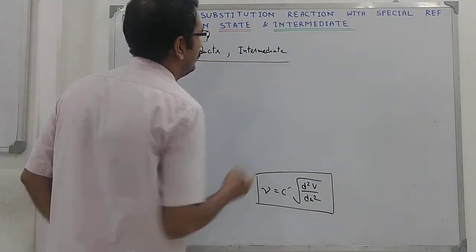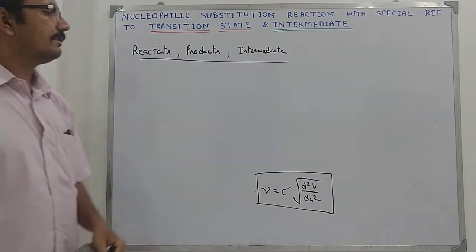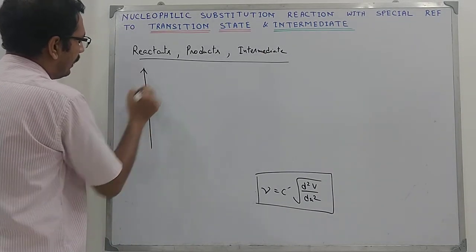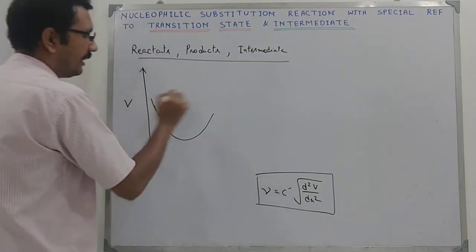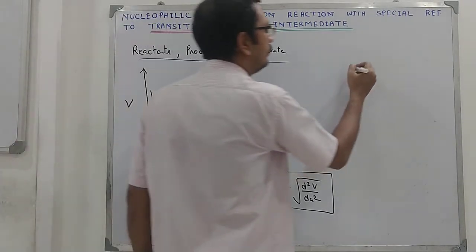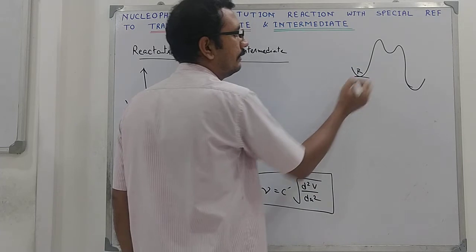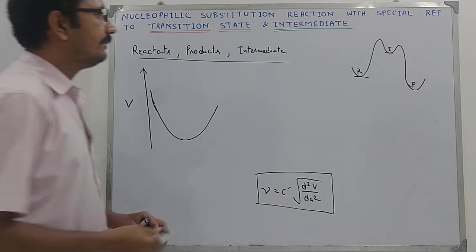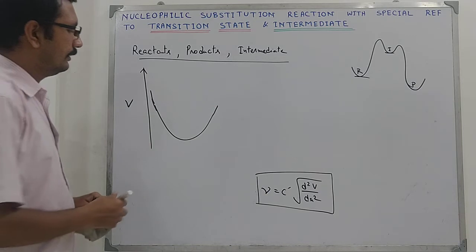So all these three are available, and the intermediate is also real, it can be scavenged, it can be trapped. Now all these three are characterized by the parabolic potential, which looks like this one. This is the reactant, this is the product, and this is the intermediate. So for reactant, intermediate, and product, the parabolic potential looks like this.